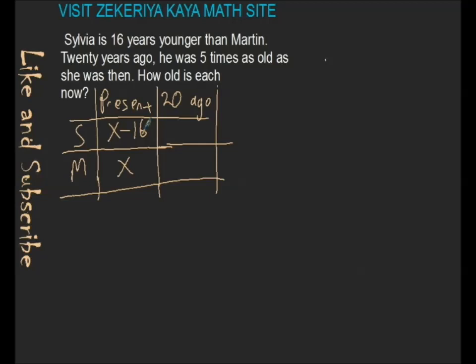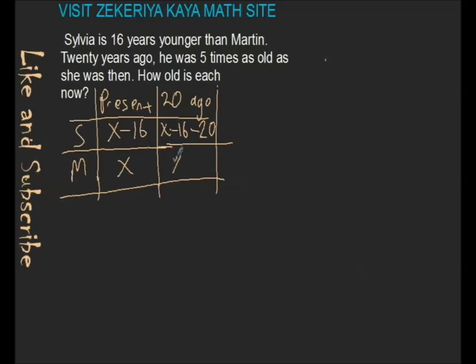Yes. Now, but some of us have questions about the second part. If in the second part we talk about the future, if we write there in 20 years, we will make plus 20. If we write there 20 years ago, we will make minus 20 from each. So, this is right now x minus 16, and I must make it minus 20 more.